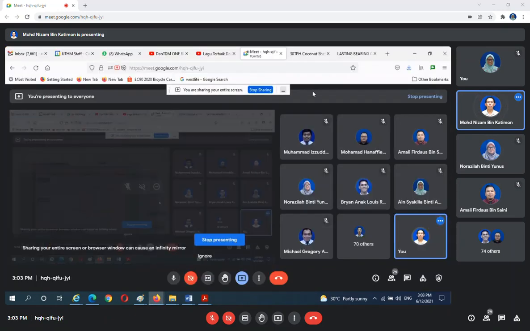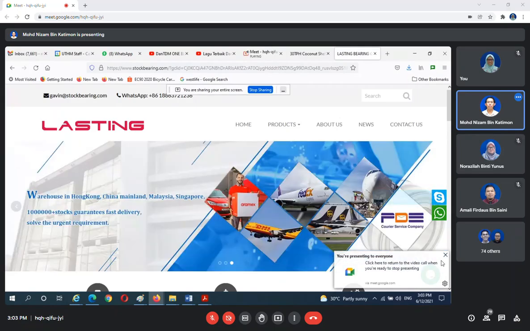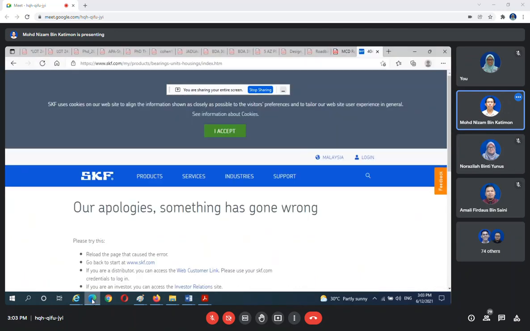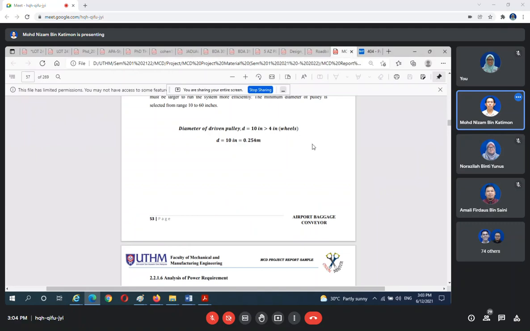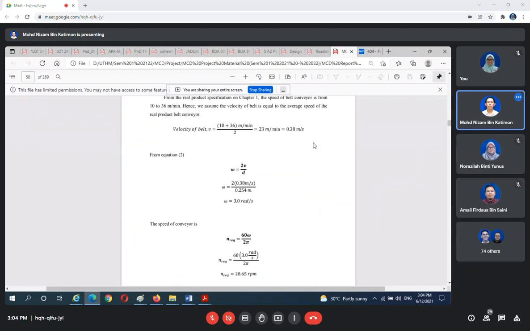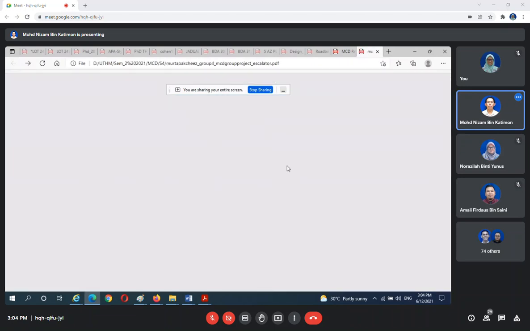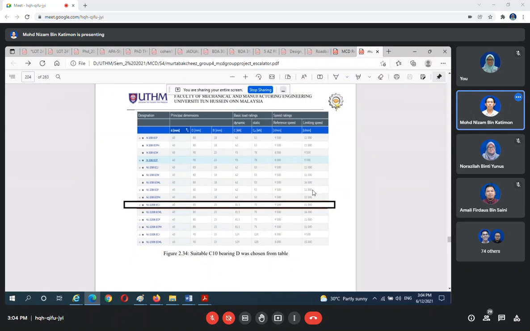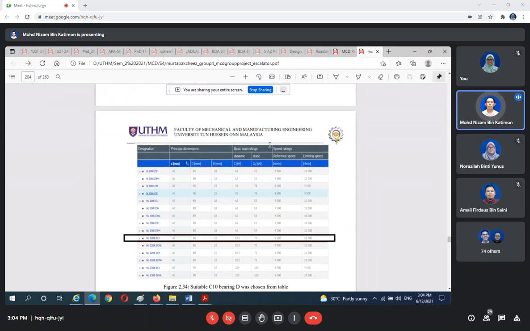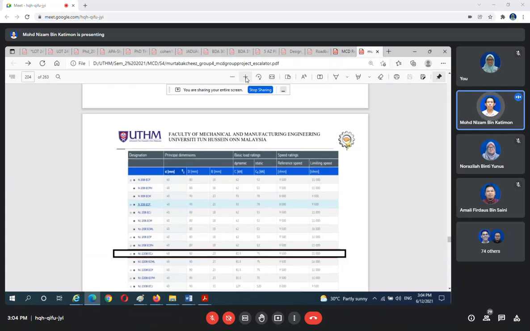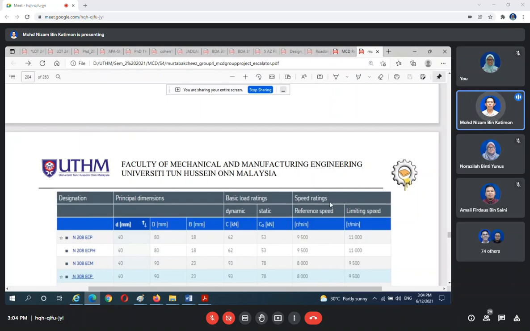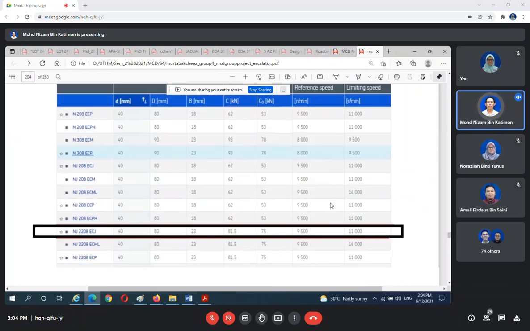So I need to find the catalog. This is an example of an SKF catalog.